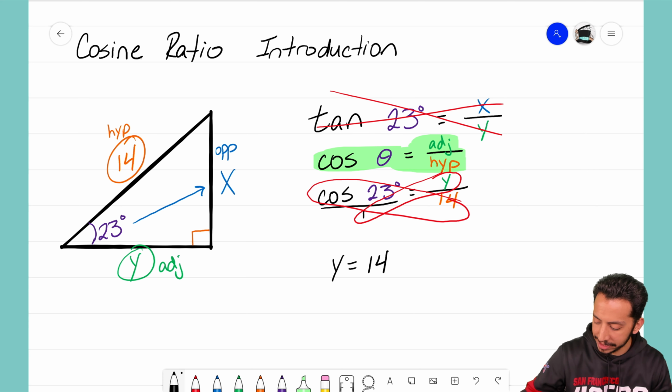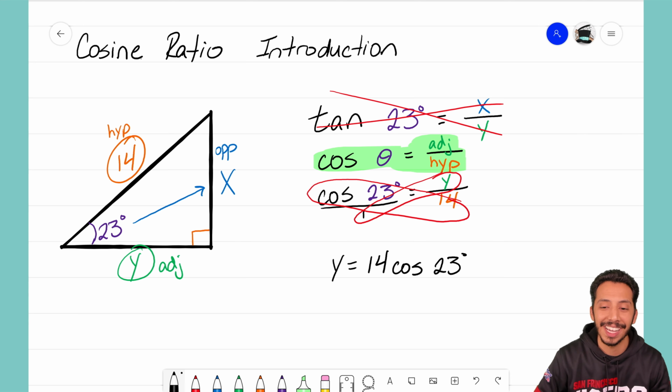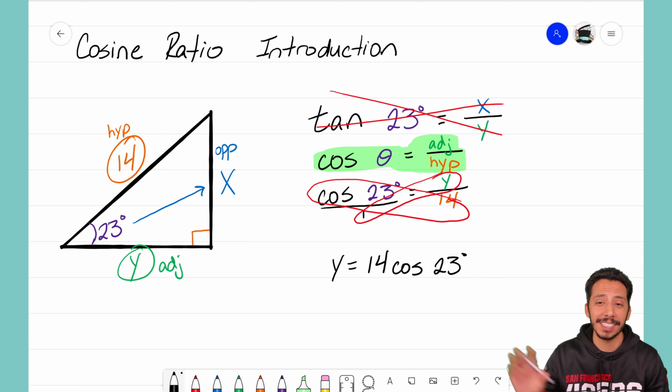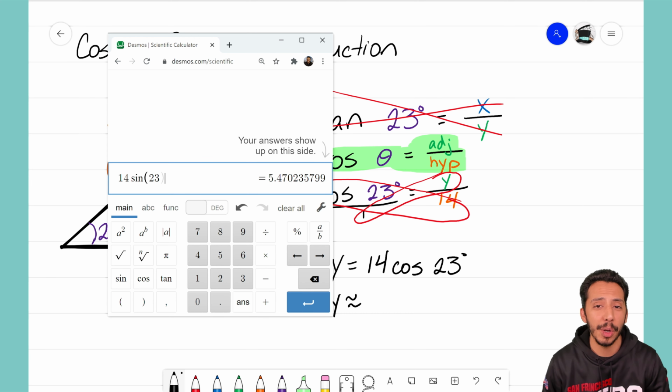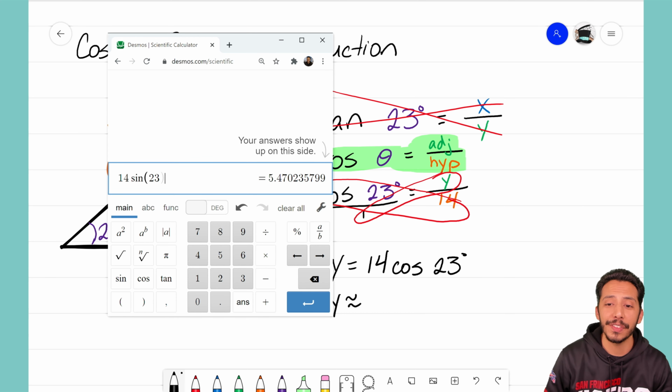So I will write that in as 14 times cosine of 23 degrees. And that right there is what we need to enter into our scientific calculator to determine what that unknown side is. Again, I'm going to use the free online scientific calculator known as Desmos to enter that in.